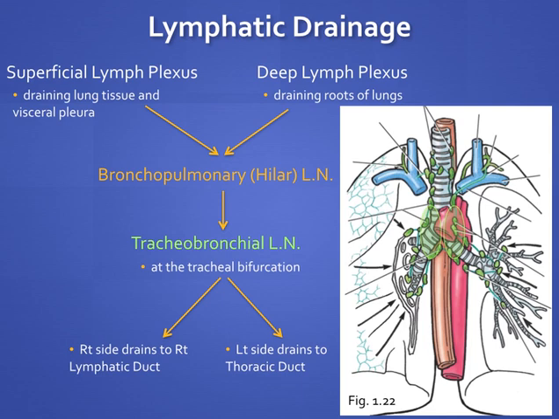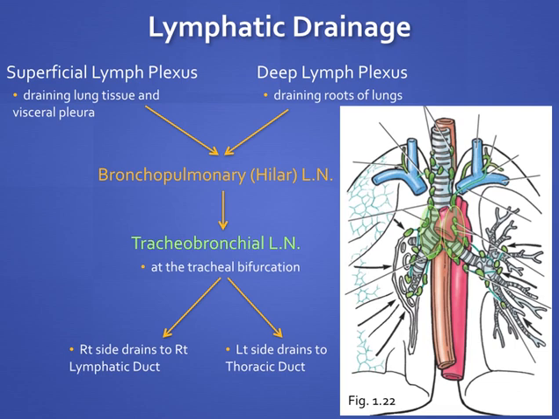And then from there, the lymphatic fluid on the right side is going to drain into the right lymphatic duct, which is a major lymphatic duct that's going to ultimately empty into the venous system. And then on the left side, it's draining into the thoracic duct, which is ultimately going to drain into the venous system on the left side. And then it enters the venous circulation, and it mixes with the venous blood and gets recirculated again.